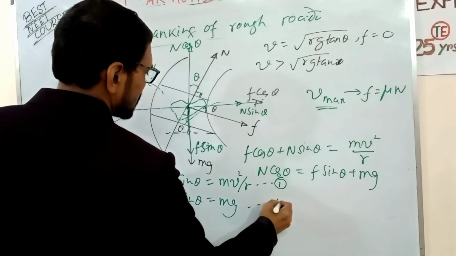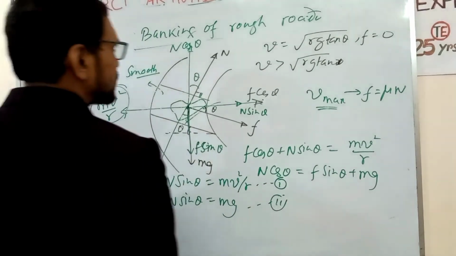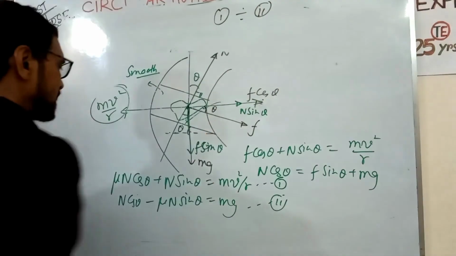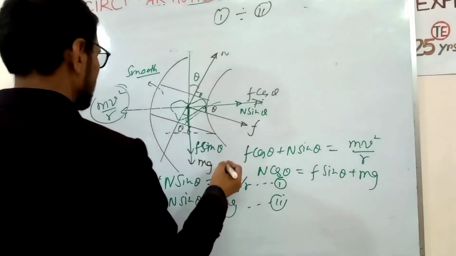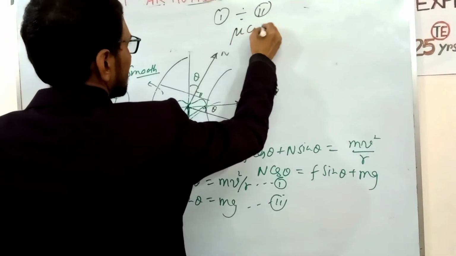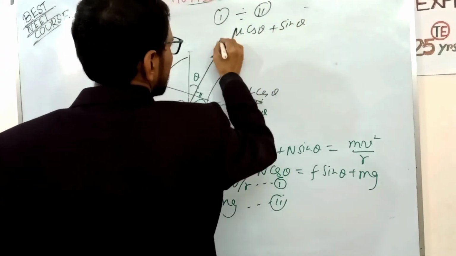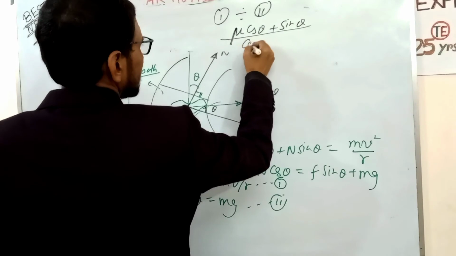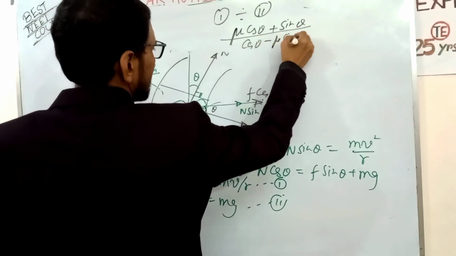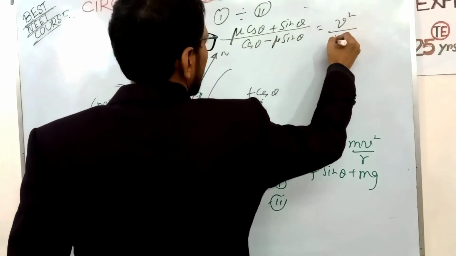This is equation 1, this is equation 2. Now if we divide 1 by 2, we get mu cos theta plus sin theta by cos theta minus mu sin theta equals v square by rg.